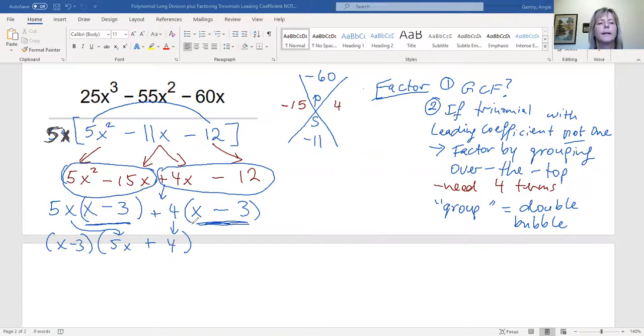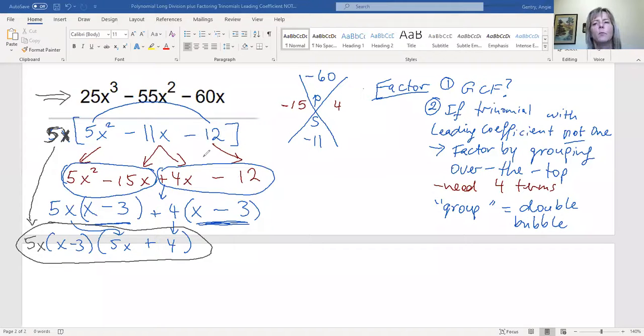And then for the final answer though, you don't want to forget this guy. He did exist. And that's just him being the greatest common factor out of the original, all of them. But I really wanted to show you the factoring by grouping.